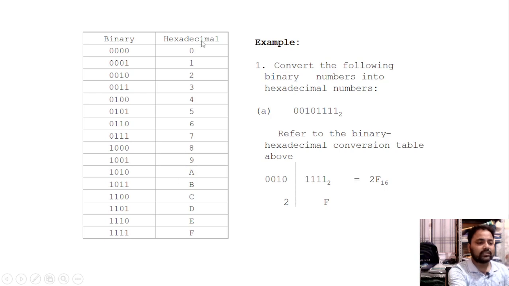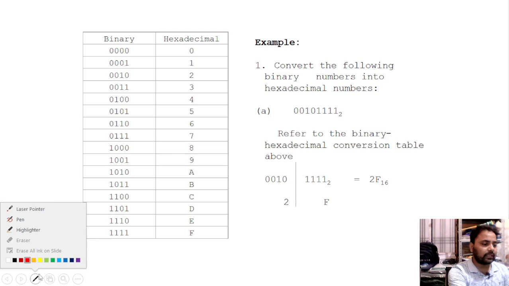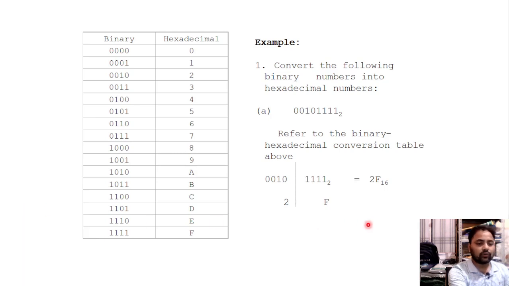So here in hexadecimal: 0, 1, 2, 3, 4, 5, 6, 7, 8, 9, A, B, C, D, E, F. Here once again, A is for 10, B is for 11, C is for 12, D is for 13, E is for 14, and F is for 15.